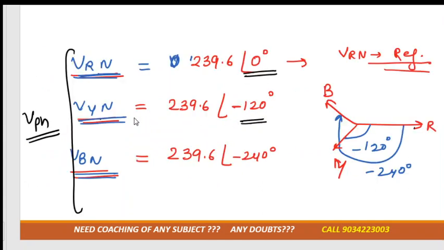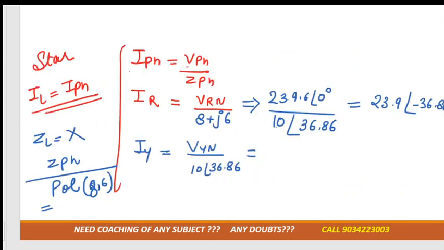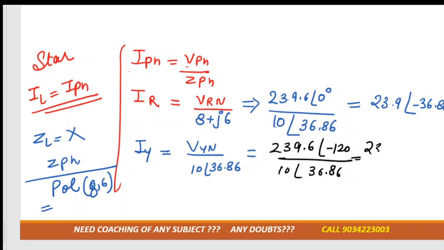VYN is 229.6, angle is minus 120 degree. Only the angle is different. The magnitude is the same in each case. Then again 36.86. After solving we'll get 23.9, angle would be minus 156.86.